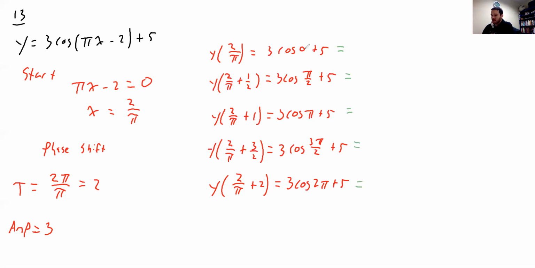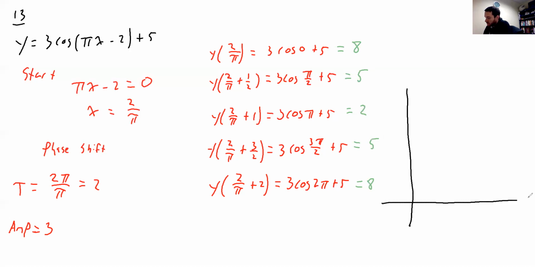Cosine of 0 is 1, so 1 times 3 is 3, 3 plus 5 is 8. Cosine of pi over 2 is 0, so 0 plus 5 is 5. Cosine pi is -1, -3 plus 5 is 2. Then back to 5, then back to 8.